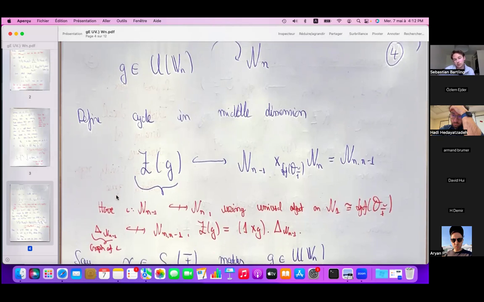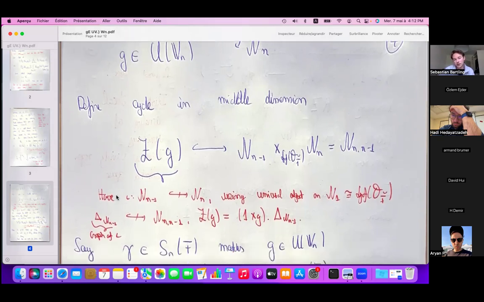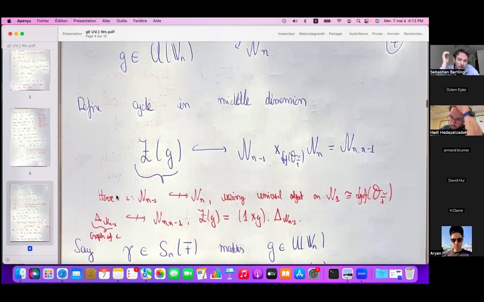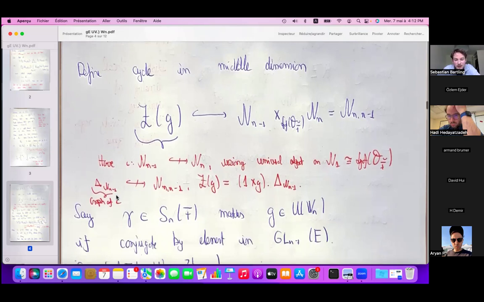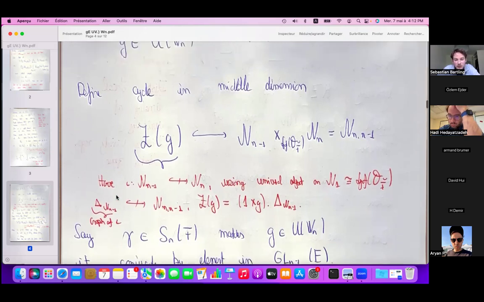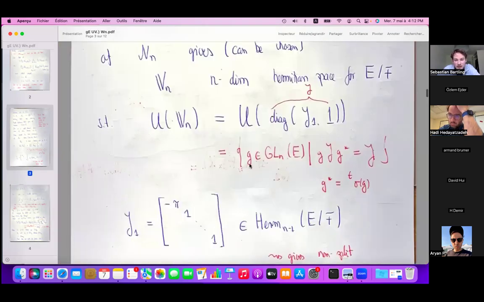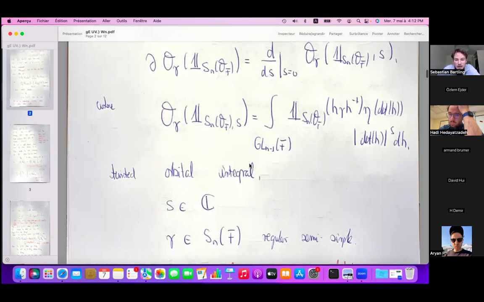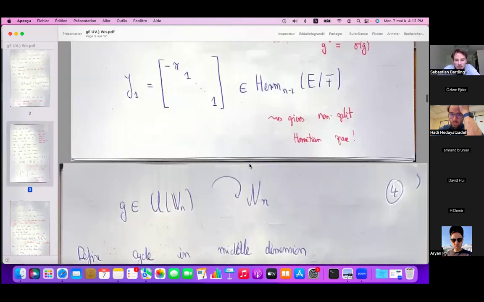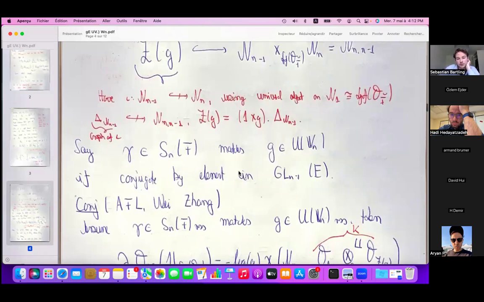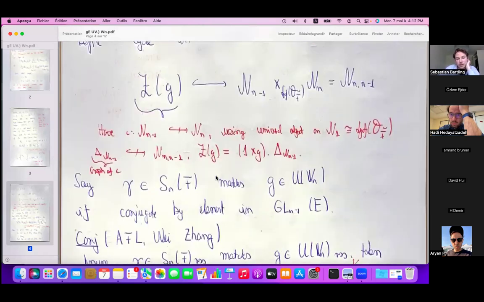And we want to use this cycle to define the arithmetic intersection problem. For this, we still need a link between the previous side that I stated here, the analytic side, and the geometric side. And for this, one uses what is called a matching relation.